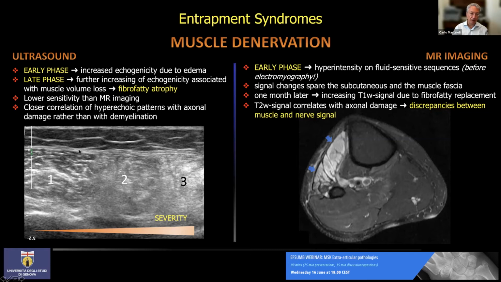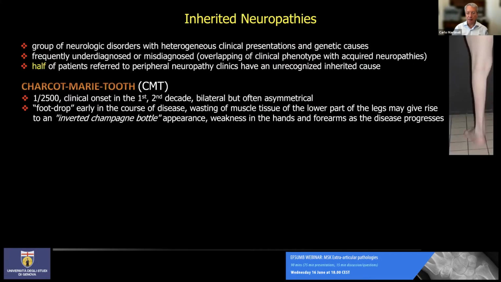The atrophic muscle becomes more and more echogenic, as you can see here. And this is an example of MRI in which you see the territory of the peroneal nerve very hyperintense on T2 weighted sequences as a result of accumulation of extracellular edema. And this typically occurs as a result of denervation.